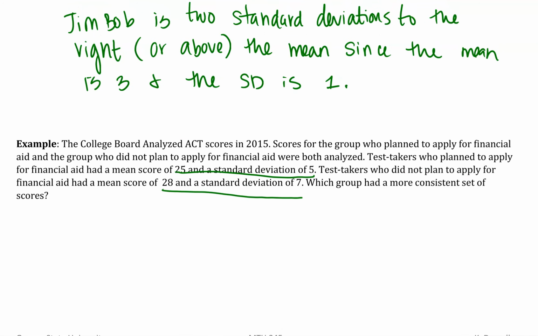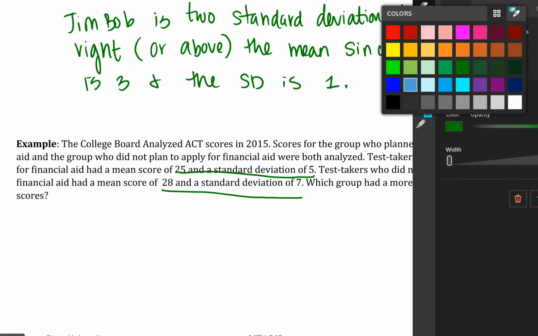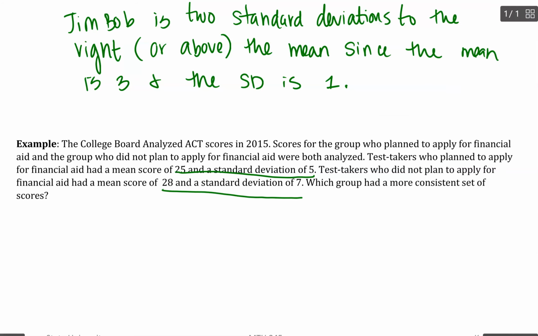So again, to answer this question, I'm going to visualize it by drawing a number line of the mean and the standard deviation. First we will do financial aid. They had a mean score of 25, and the standard deviation was 5. So we'll do a few on each side.